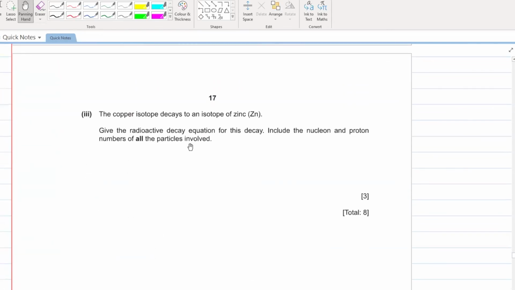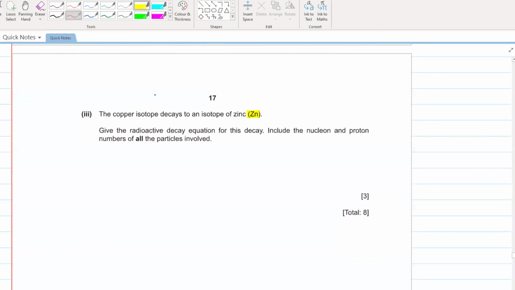Let's move ahead. The copper isotope decays to an isotope of zinc. Give the radioactive decay equation for this decay. Include the nucleon and proton number of all the particles involved. Now copper is decaying into zinc by beta negative decay.